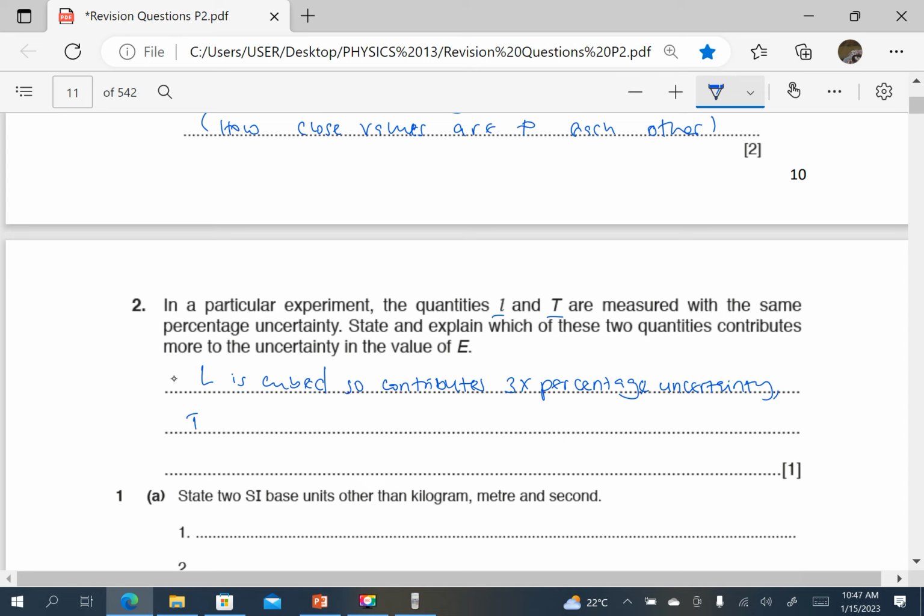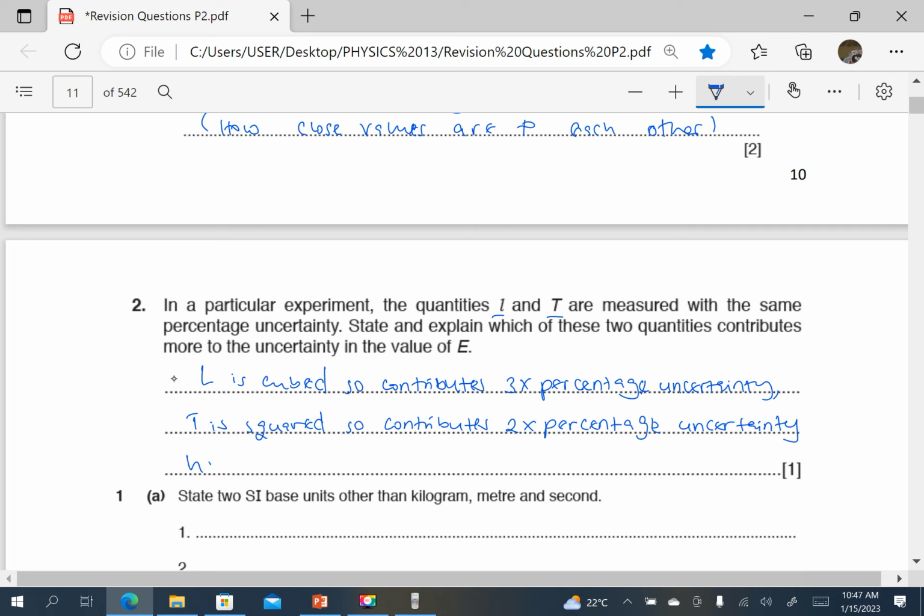And we see that T is squared, so it contributes 2 times the percentage uncertainty.